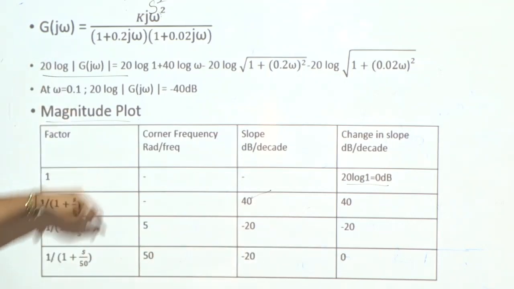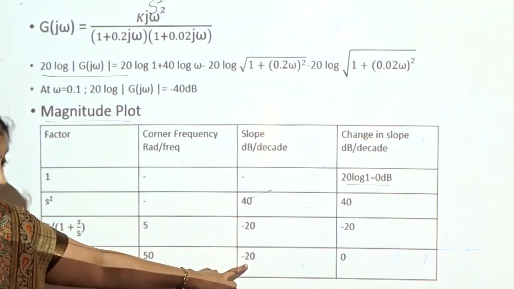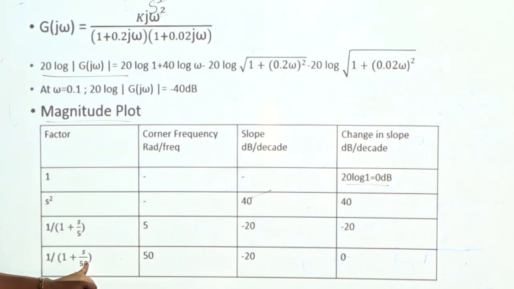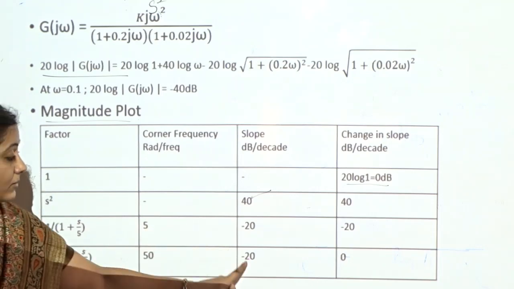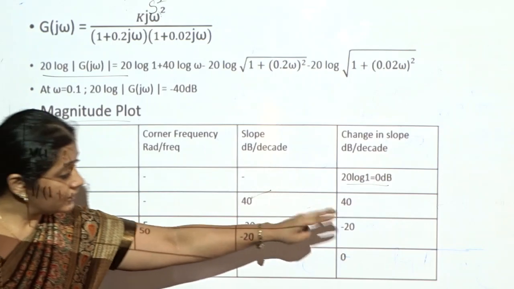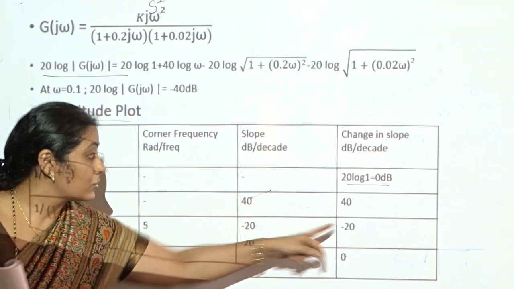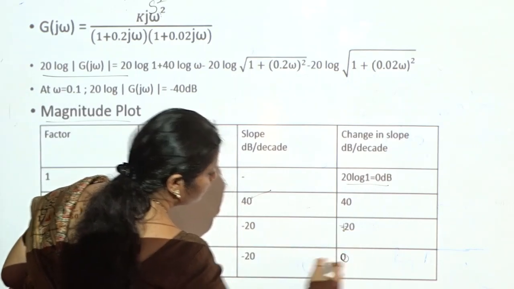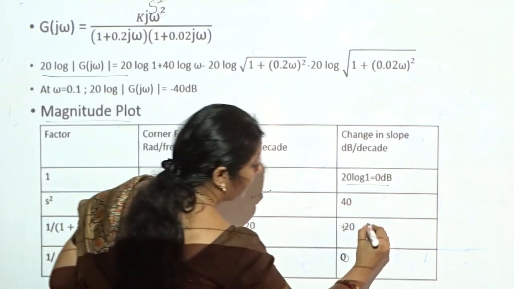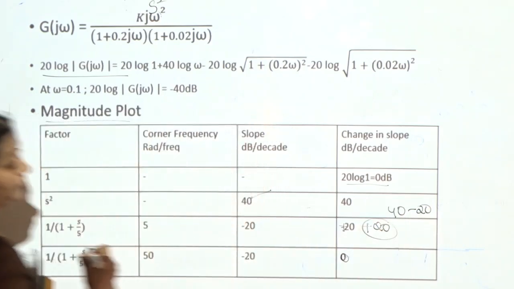Next, you add another pole at 50 radians per second. The slope given by this pole is minus 20. Previously the slope was already running at plus 20, and you are adding minus 20, so you get 0.